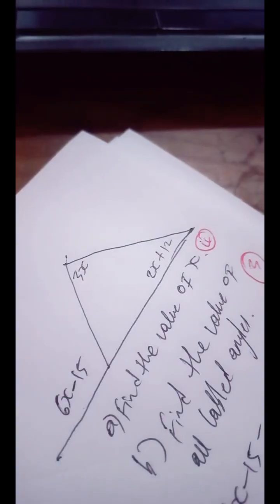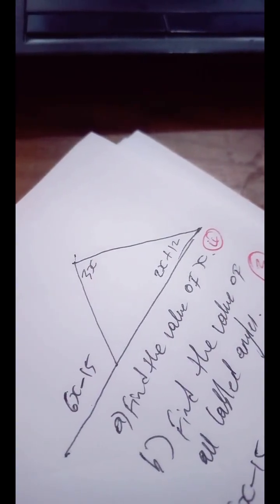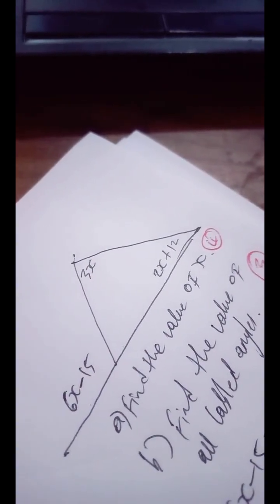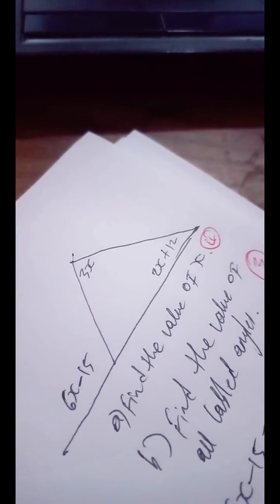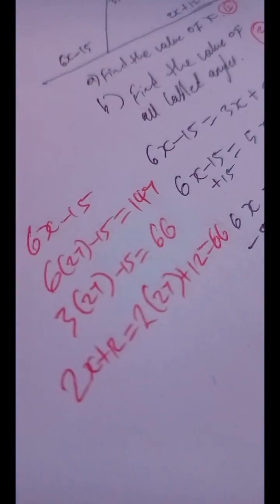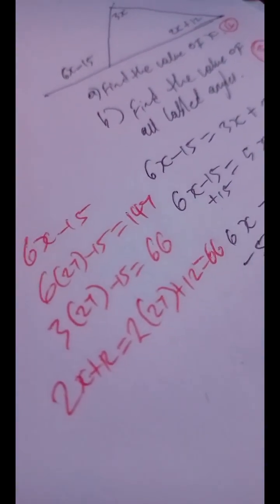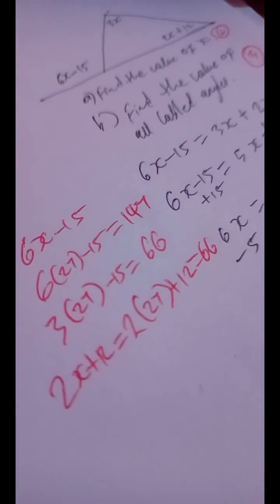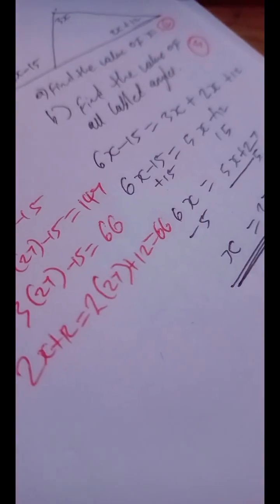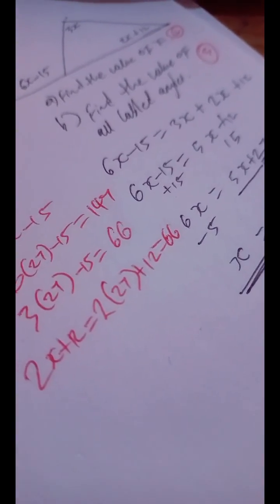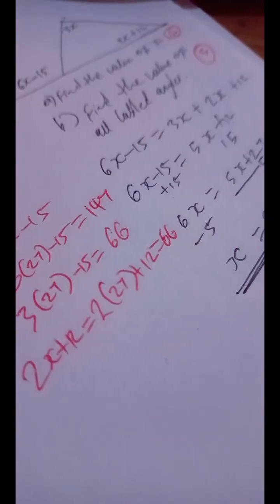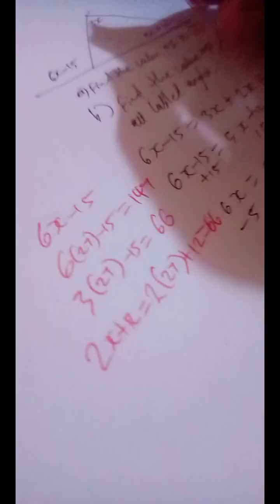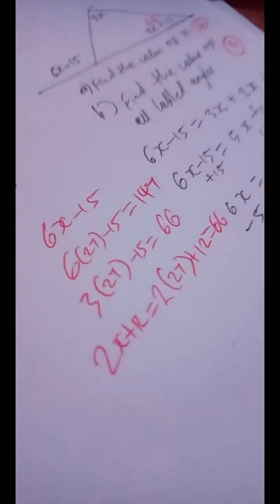So this means 27 by 2, 54 plus 12, 66. So it's 2x, this is 66.